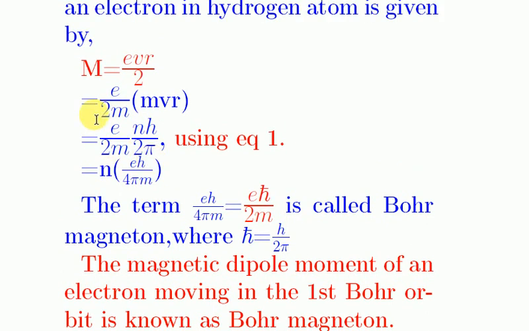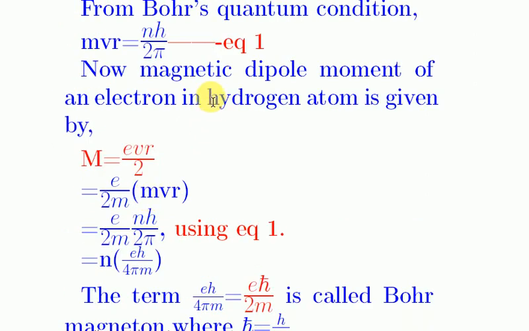This equation, capital M equal to small n times eh by 4 pi small m, gives us the magnetic dipole moment of an electron at nth orbit.